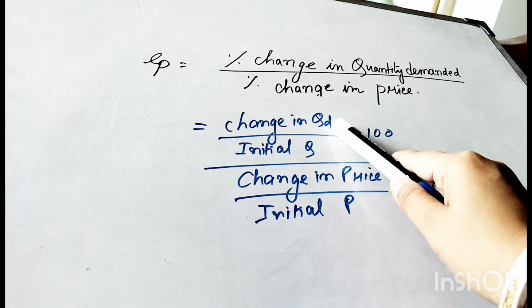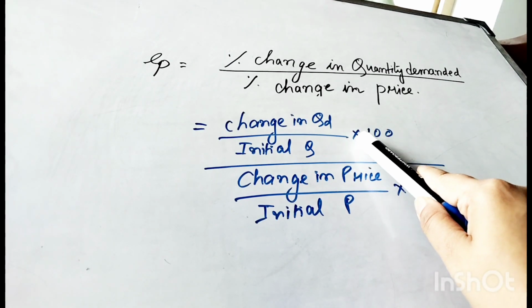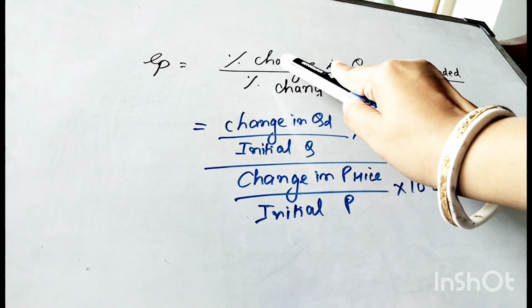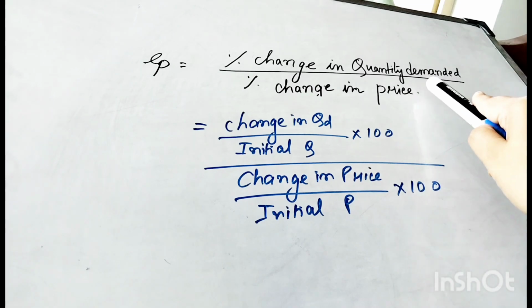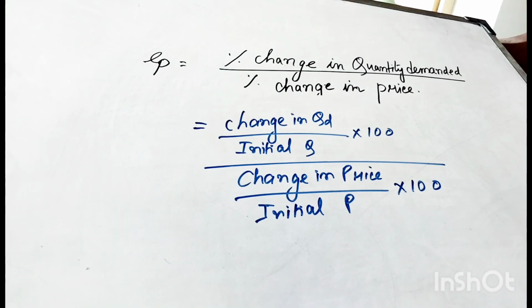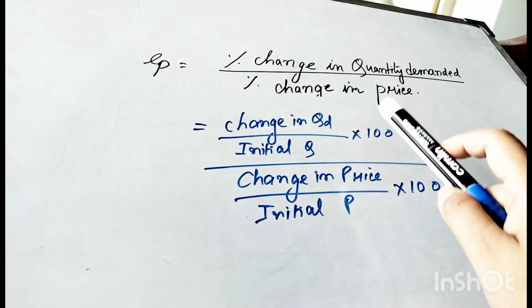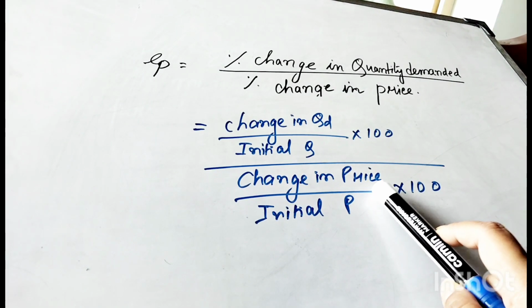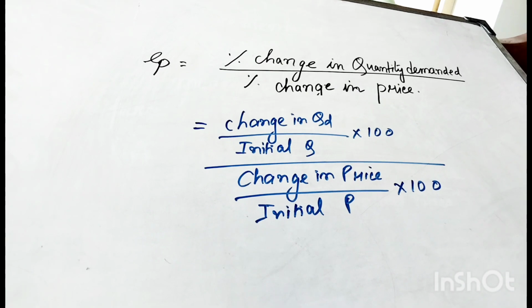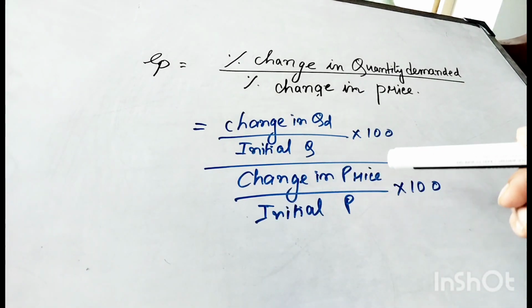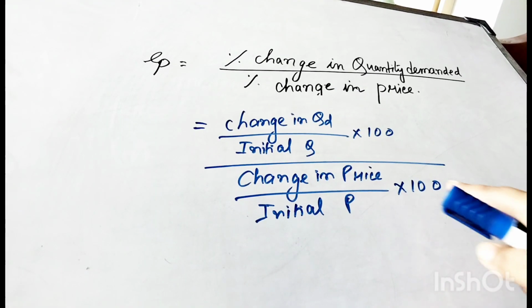Same way, divided by percentage change in the price, that means change in the price by initial price into 100.